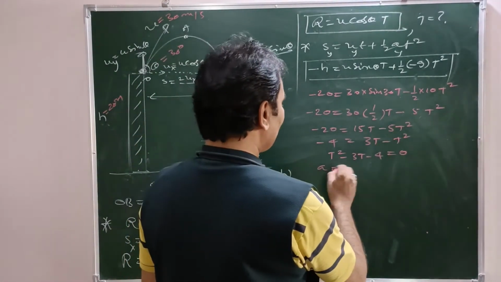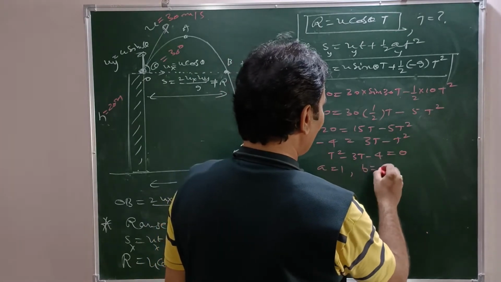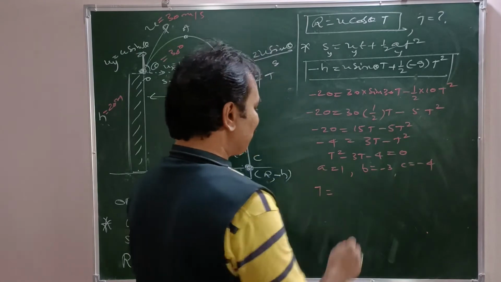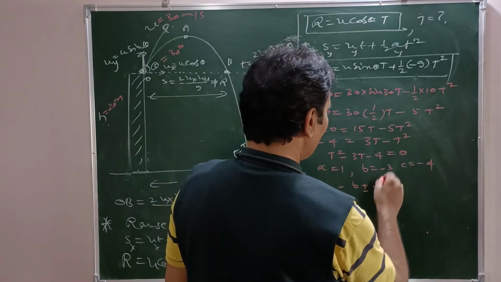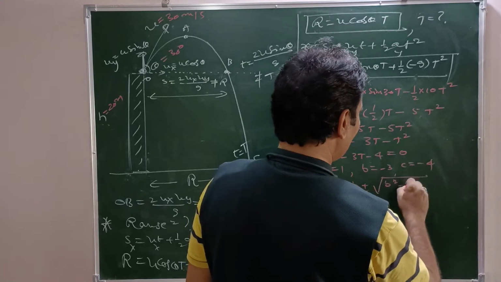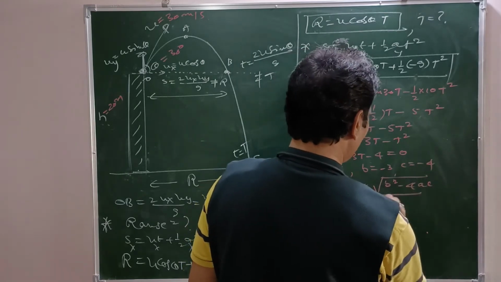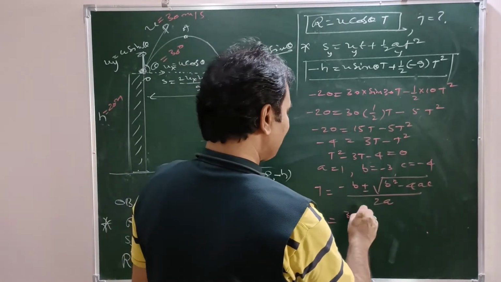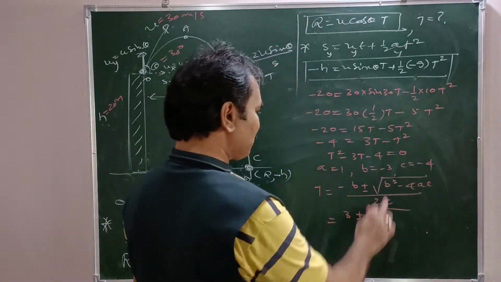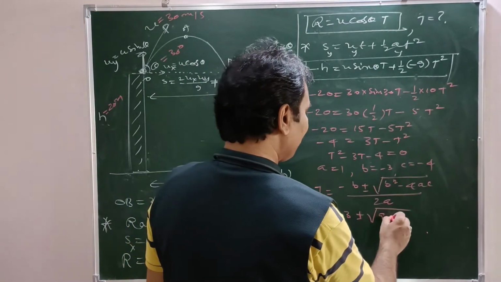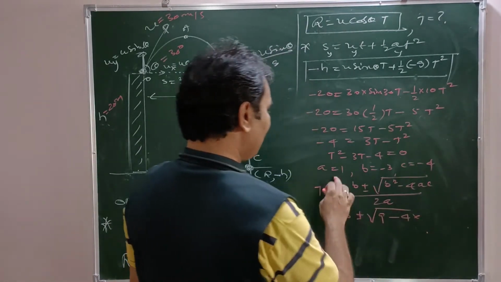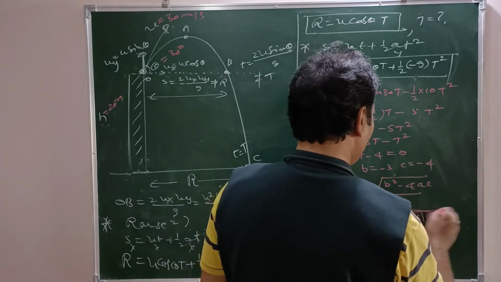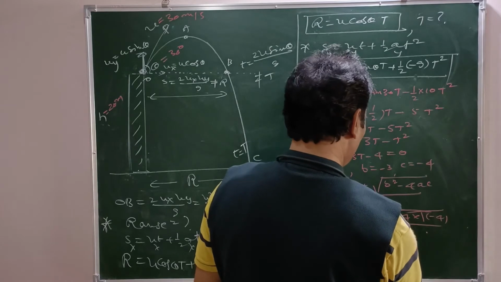Here a is 1, b is minus 3, c is minus 4. Now what is t? Minus b plus or minus root over b square minus 4ac, by 2a. That is t equal to 3 plus or minus root over 3 square, 9, minus 4 into 1 into minus 4, by 2 into 1.